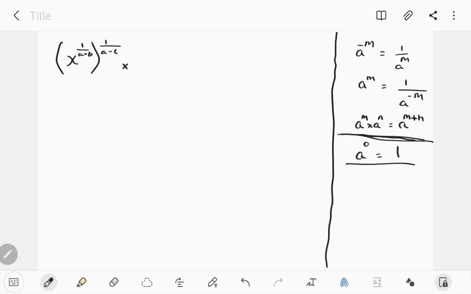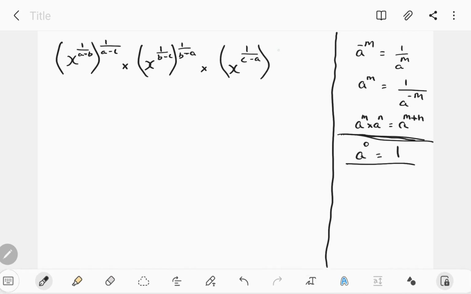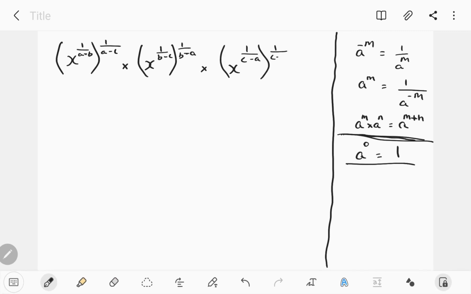This expression multiplied by, again, x power 1 by b minus c, the power is 1 by b minus c, whole raised to the power of 1 by b minus a. This again multiplied by another expression, x raised to the power of 1 by c minus a, the whole of this raised to the power of 1 by c minus b. Okay, this is the expression that we have been given. We have to solve for the value of this expression.